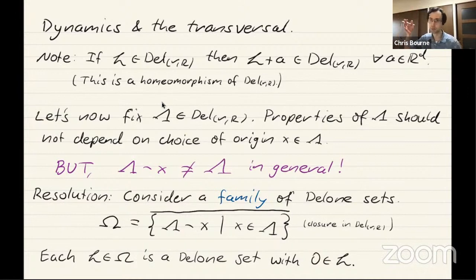Now here we're going to bring in another assumption, which is essentially a choice of origin, because we're now going to pick a Delone set, which to distinguish it from these L's, I'll call lambda. There are various properties that we want to study about this lambda, but at the very least, we would expect that it should not really depend on our choice of origin within this set.